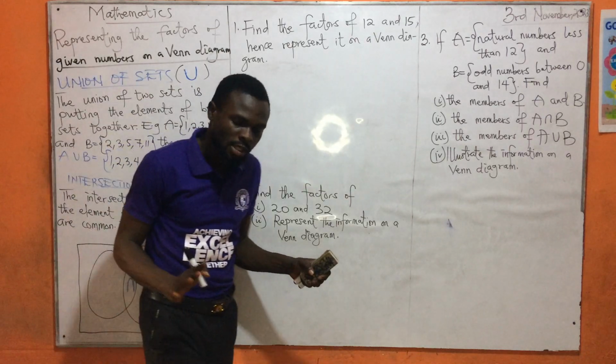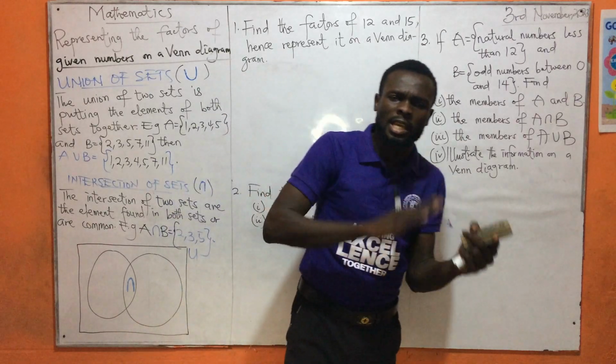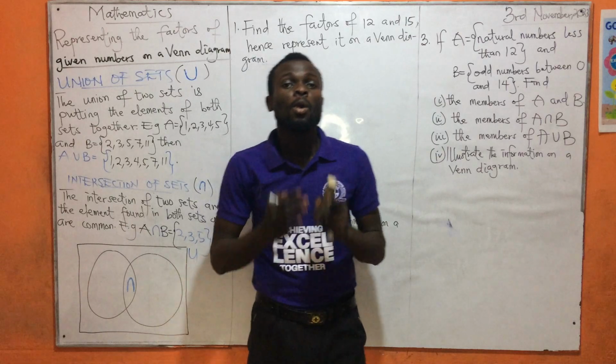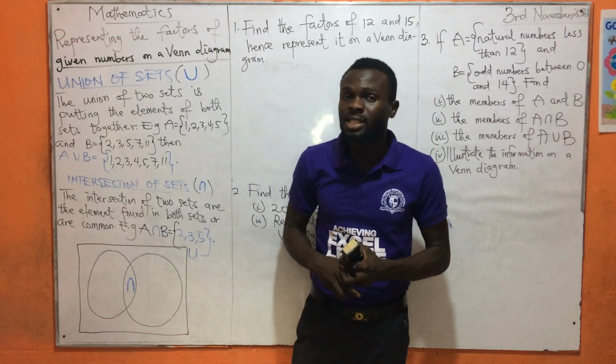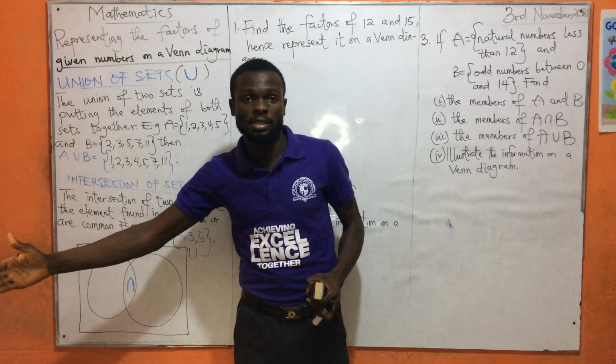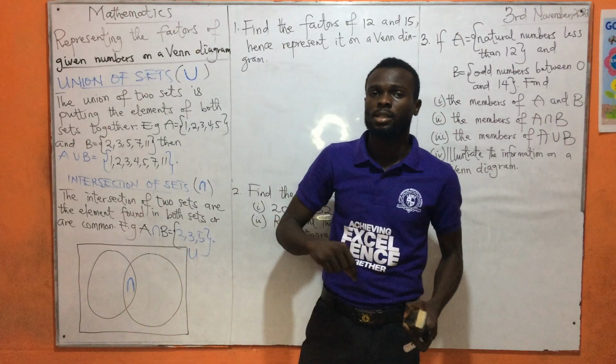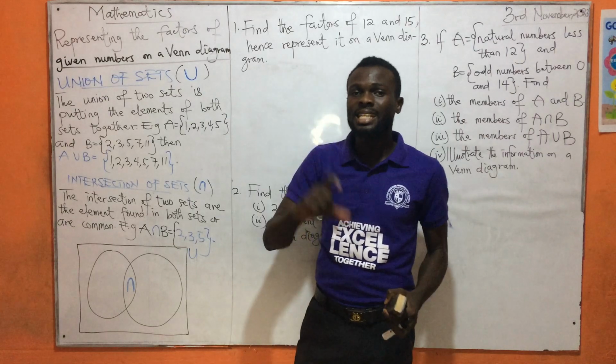In simple terms, elements found in both sets are the intersection. Why are they the intersection? Because they can be seen in the first set, and those same numbers can also be seen in the second set.